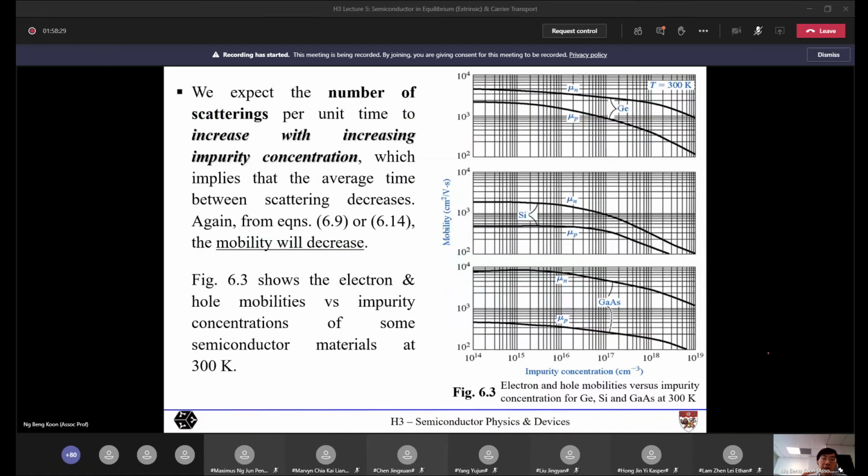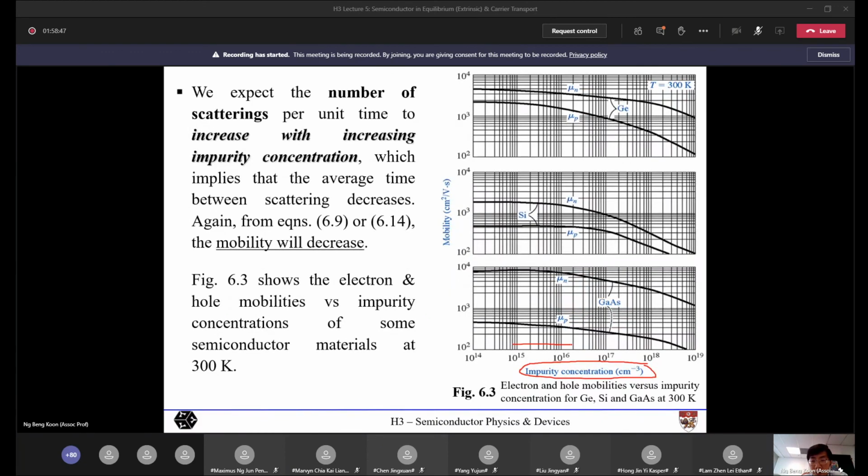And if you look at how it depends on impurity concentration, the graph shows how the mobility changes with increasing doping for different semiconductor materials. The horizontal axis refers to the impurity concentration.